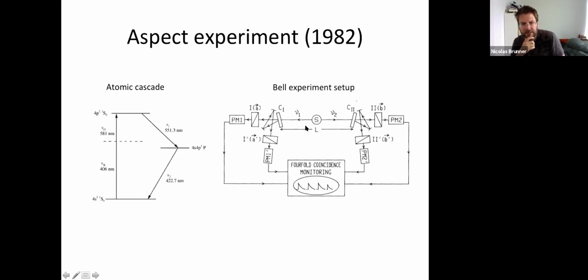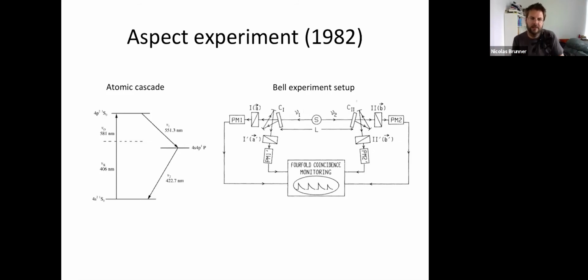And so this was the real breakthrough in this experiment of Alain Aspect, that he was able to devise these switches here that were so fast that even though this whole experiment is on one table, so a 2-3 meter long table, right? Yet these switches were so fast that he could ensure space-like separation between Alice and Bob, right?